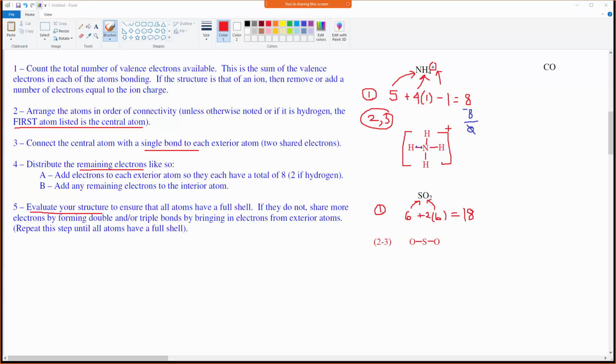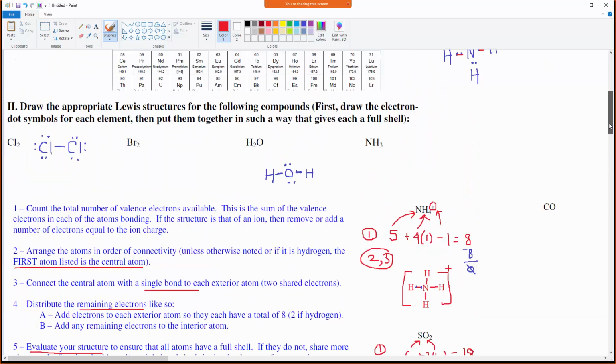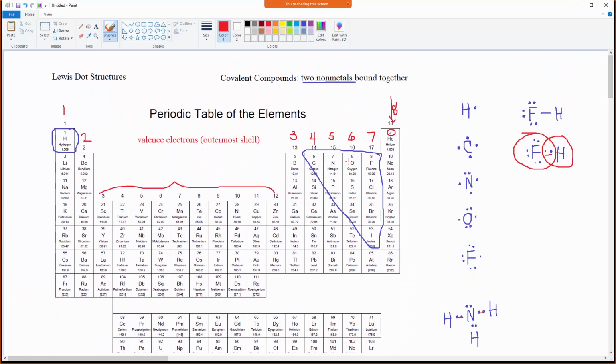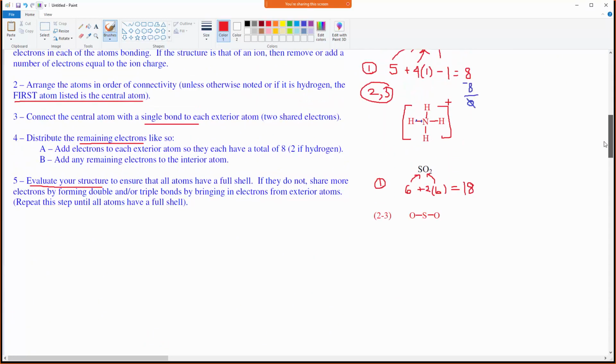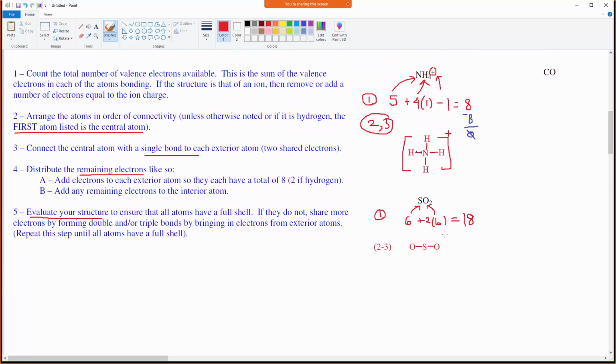Just to review, it is 18 because you're looking at the periodic table and saying oxygen and sulfur here are both in group 6, so they each come in with 6 valence electrons. Everybody feel confident about steps 2 and 3 here?